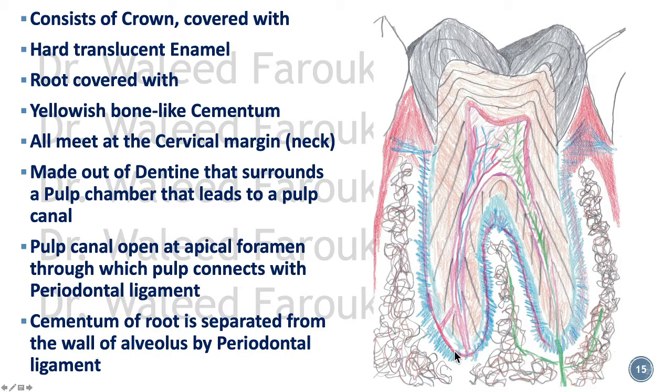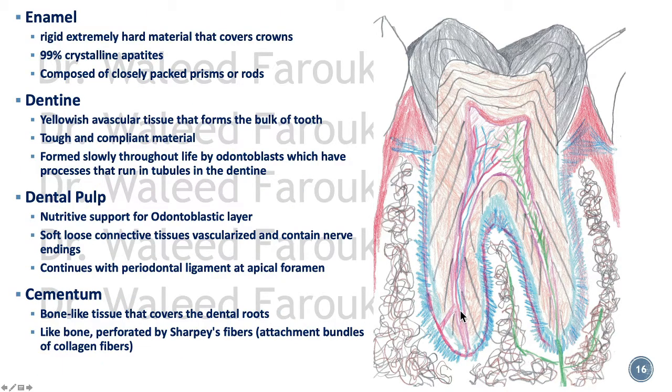Each tooth is covered by this thin blue layer. It's a cementum. It's bony-like material that sticks the roots to the periodontal ligament. So it fixes the tooth. So you have learned about the pulp canal, and etc.